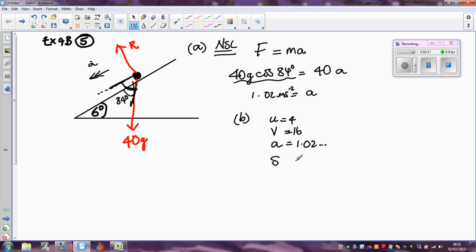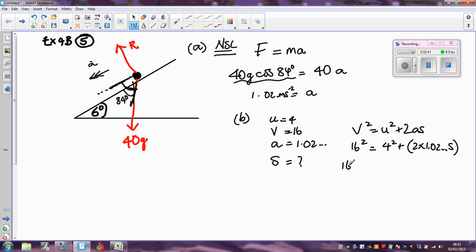What we're trying to find then is s, and we're going to just use v squared equals u squared plus 2as. And if we substitute into that, we've got 16 squared is going to equal 4 squared plus, and that's just going to be 2 multiplied by the 1.02, saved in your memory, multiplied by s.